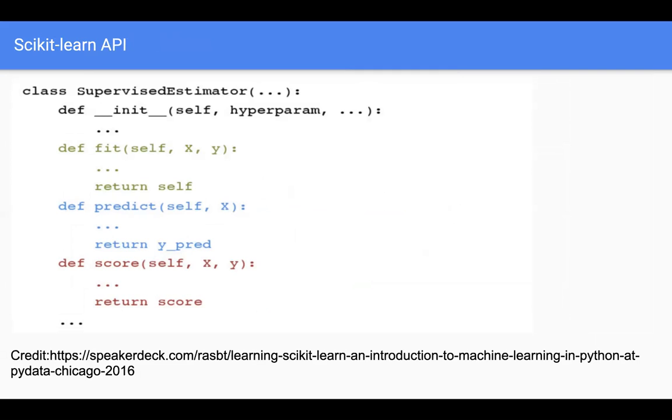The unique type of classifier that you want to build is specified by different classes. So you may have a neural network classifier, but its functions would still be the same: a fit function, predict function, and a score function within this particular class.